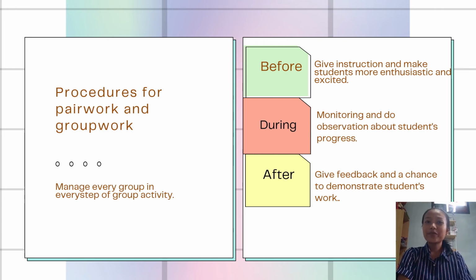Last part, after group work. When pairs or groups stop working together, we need to organize feedback. We want to let them discuss what occurred during the group work session and, where necessary, add our own assessment and make corrections.